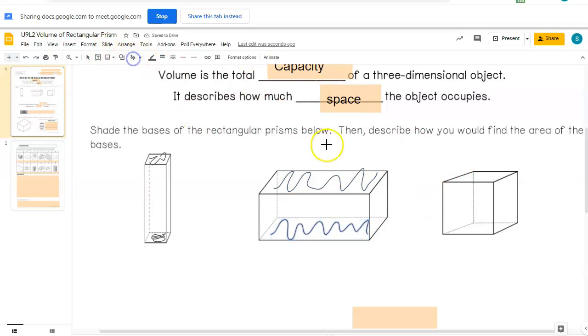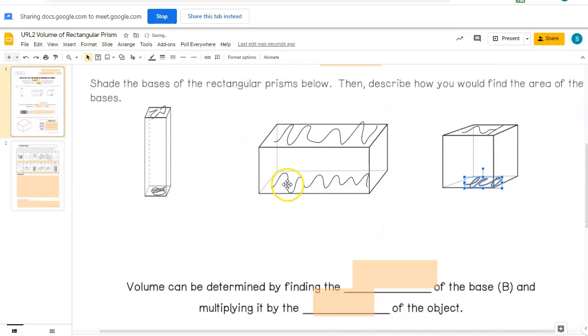Likewise, we have our base here and our base. Oh, it did not draw. I don't know why it didn't draw. That base, and then we have that base.